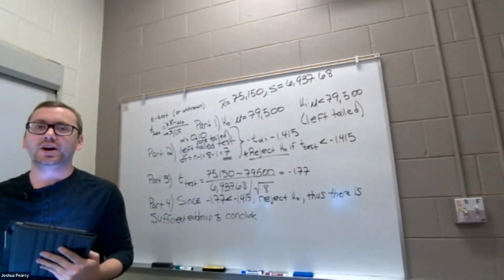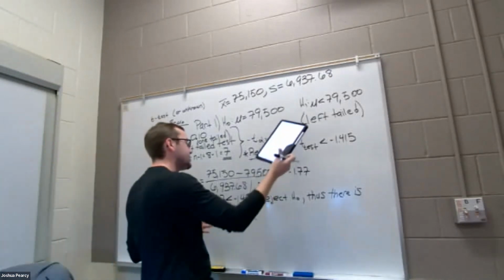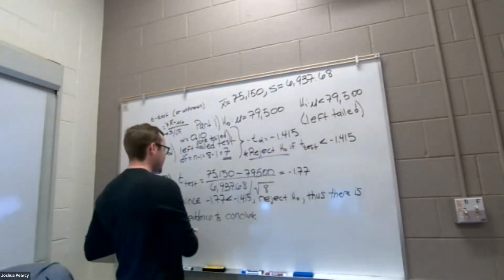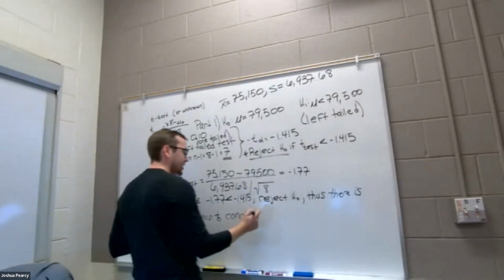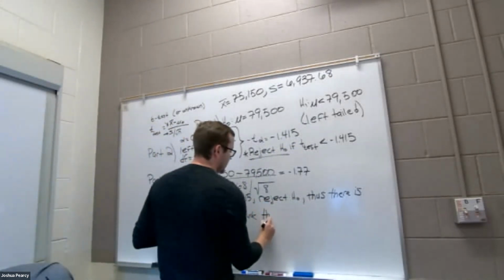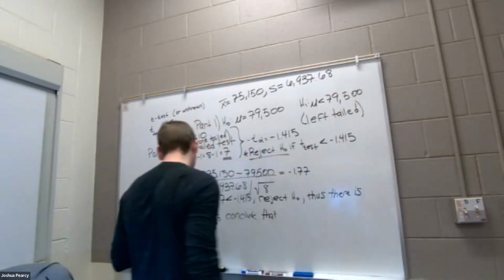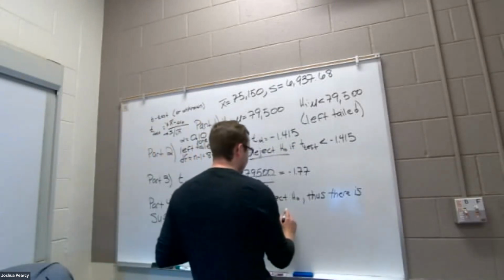So for rejecting the null hypothesis or concluding the alternative, there is enough evidence to conclude that the average starting salary is less than the hypothesized salary, 79,500.